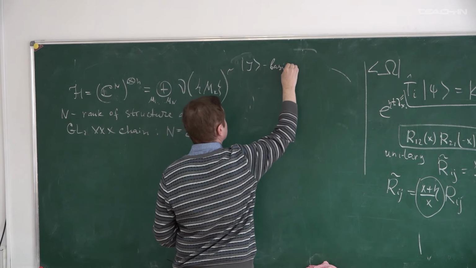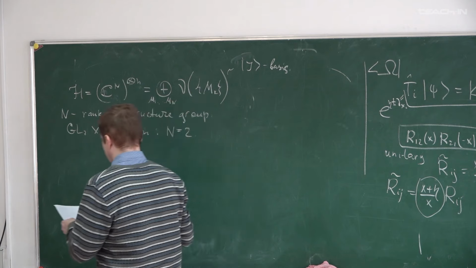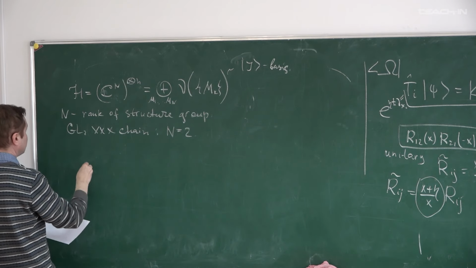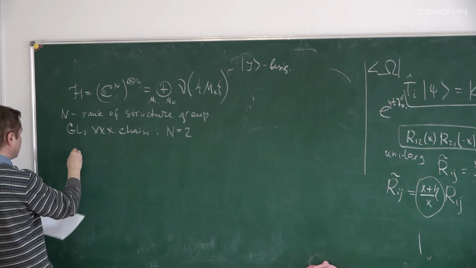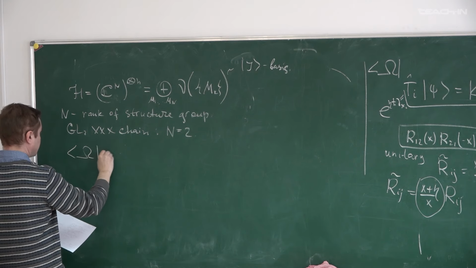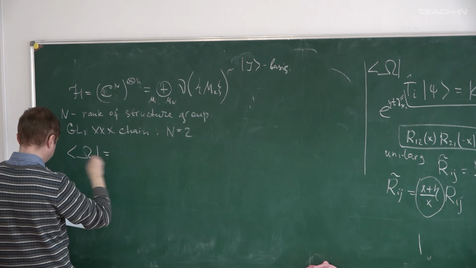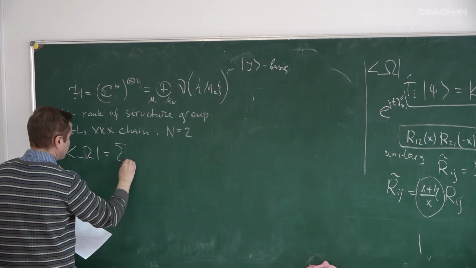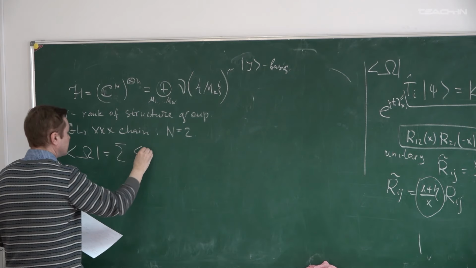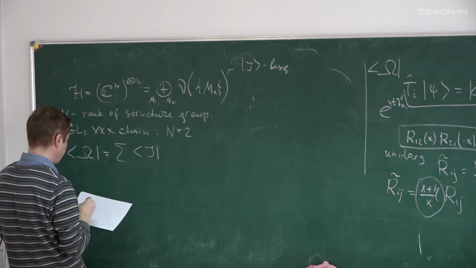Then we may construct a symmetric dual vector just by symmetrizing all basis covectors.